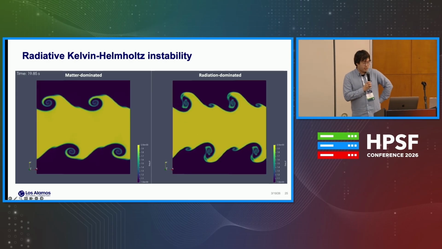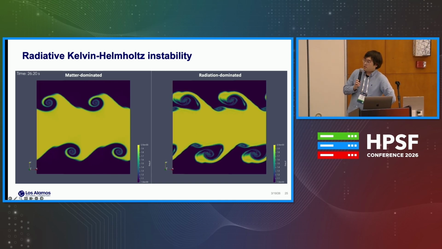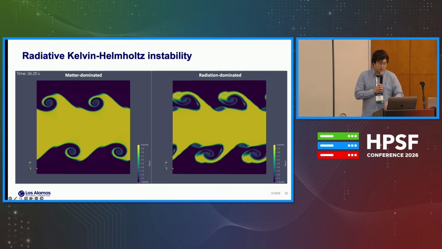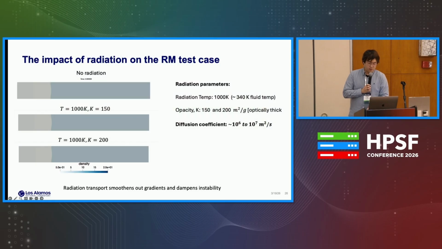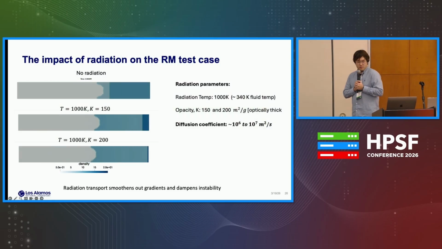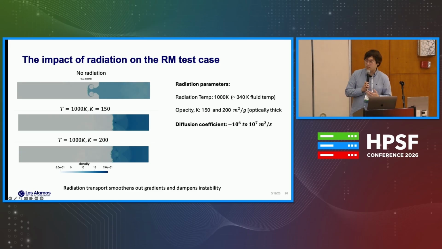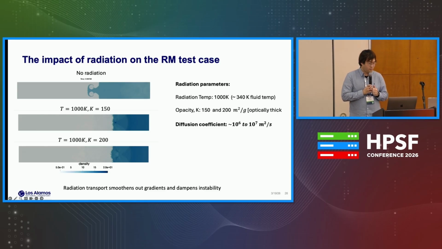And the right-hand side is where we now apply the radiation. So as you can see, even at the same time, radiation destabilizes this instability more. And also, in contrast, in some scenarios, if you put in a different type of opacity, which also controls how hard radiation is to penetrate, then the instability is gone too.